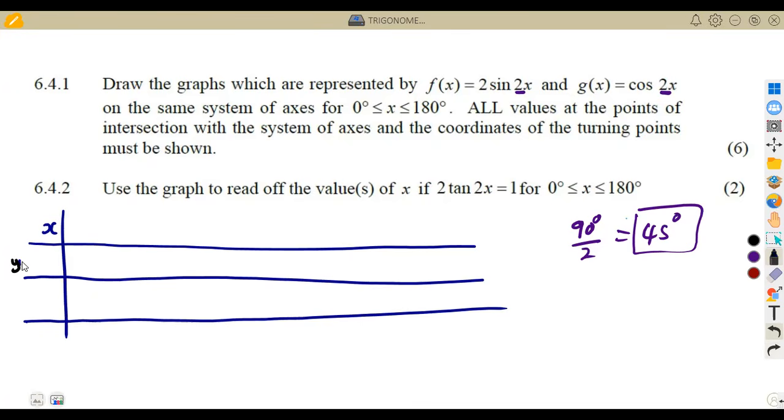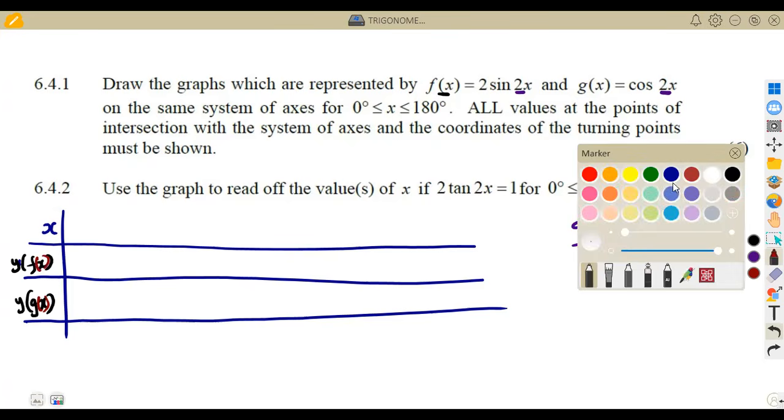Remember, these are the values of y for the graph of f of x. Then we've got also the values of y for the graph of g of x in this case.